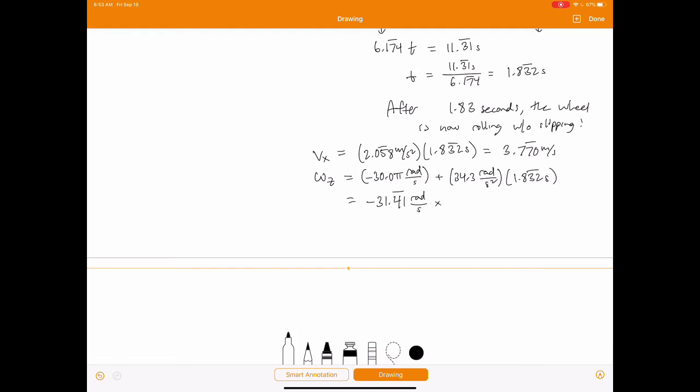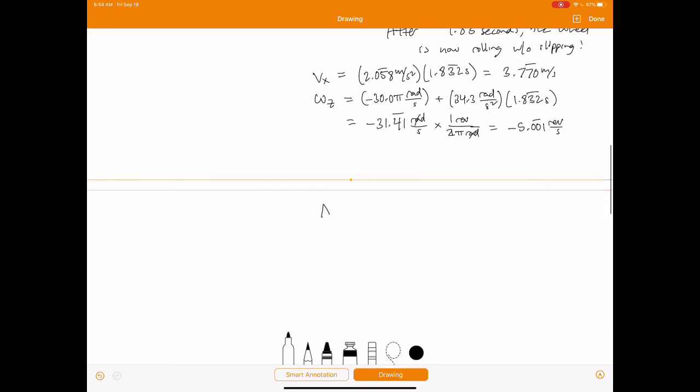And then just to finish this off, we'll convert that to revolutions per second. So remember, in every one revolution, we have 2 pi radians. So in revolutions per second, this is minus 5.00 revolutions per second.